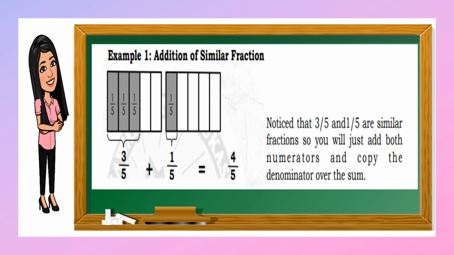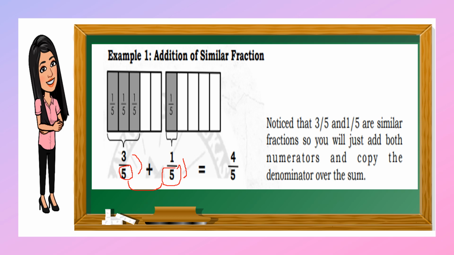And now, for the last lesson that we have for this week is addition of similar fractions. When we say similar fraction, the denominator, yung number na nasa ilalim, ay magkapareho. So, meaning, 3/5 and 1/5 are similar fractions because they have the same denominator.